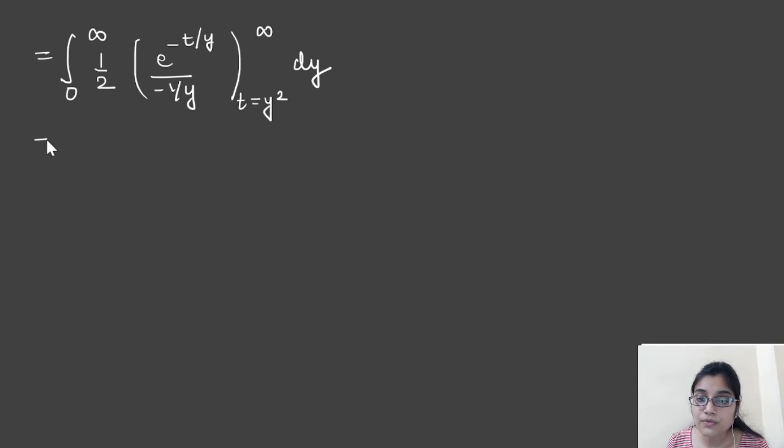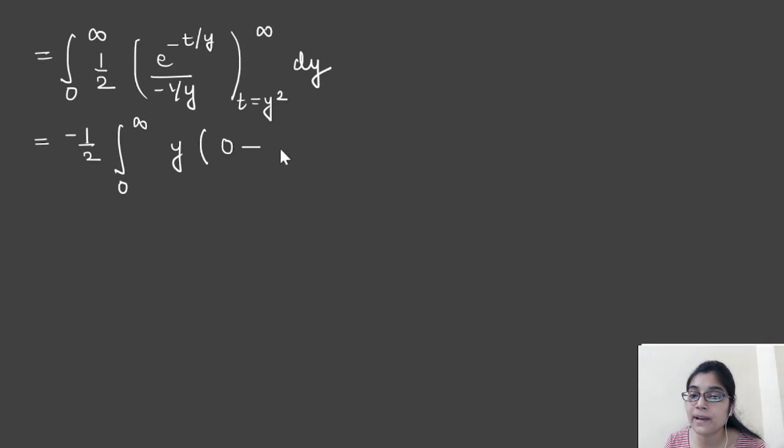What we will do now, we will keep the limits. So this is your 1 by 2 with the minus sign, then this is your minus y. Okay, we have already taken minus out, y, and then now you keep the limit of t as infinity, so e raised to the power minus infinity is 0, and once you keep t equals y square, t by y is obviously what? y. Okay, e raised to the power minus y it is going to be, and this is your dy.